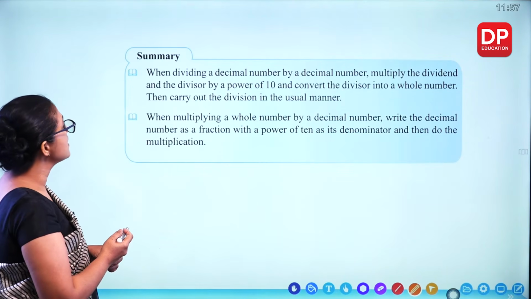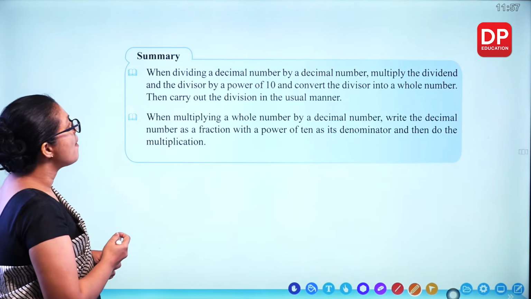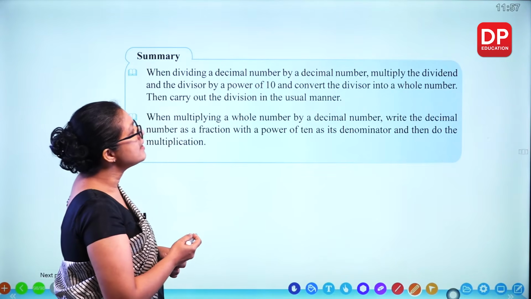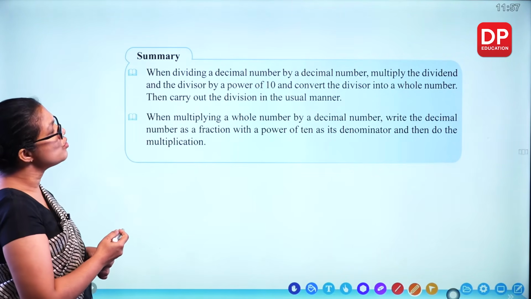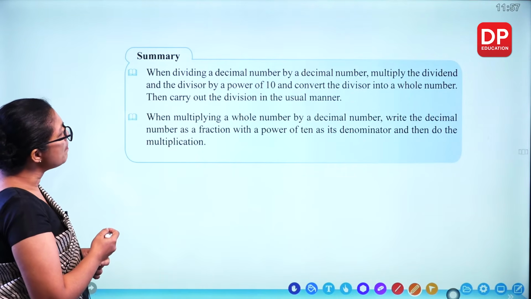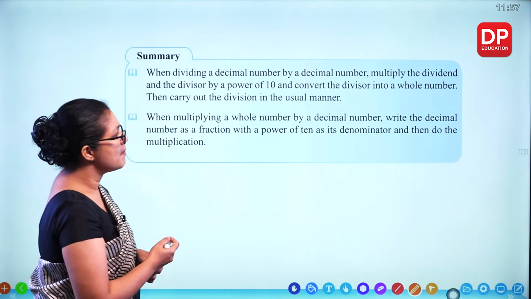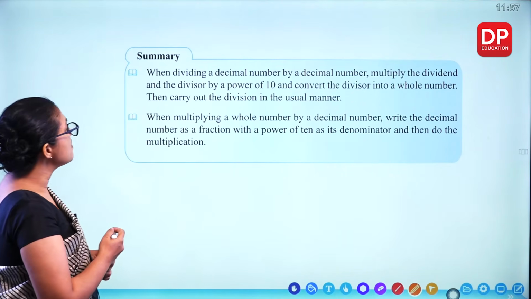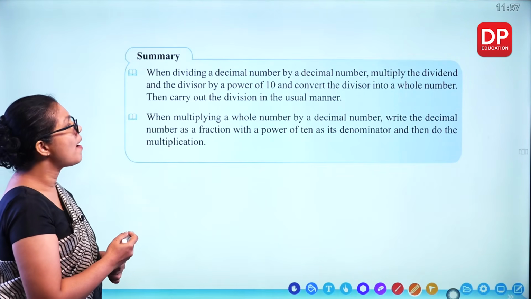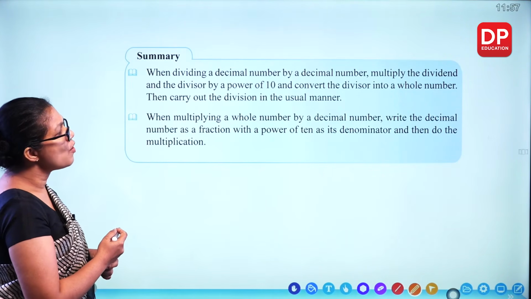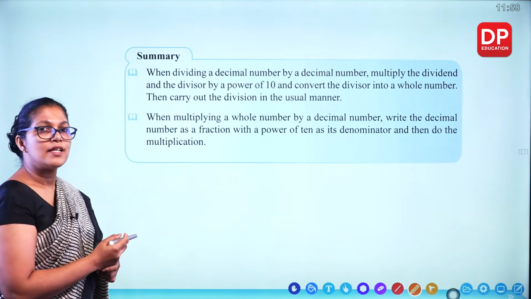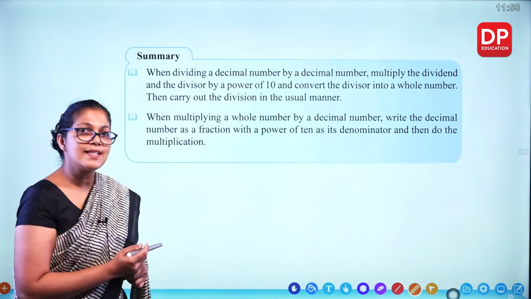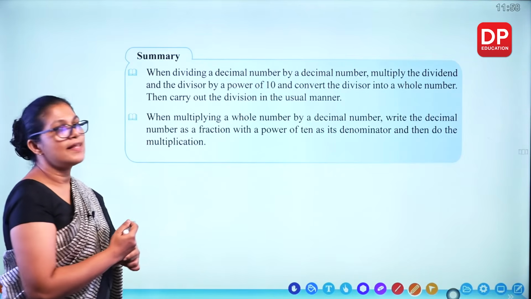Multiply the dividend and the divisor by a power of 10 and convert the divisor into a whole number. Then carry out the division in the usual manner. When multiplying a whole number by a decimal number, write the decimal number as a fraction with the power of 10 as its denominator and then do the multiplication. So practice all the exercises and examples in this lesson.